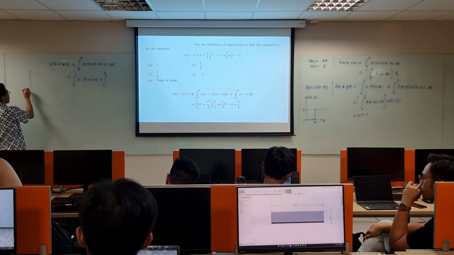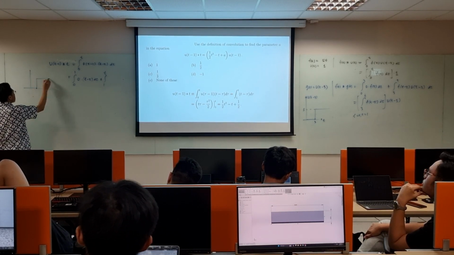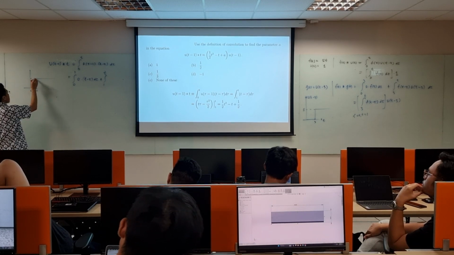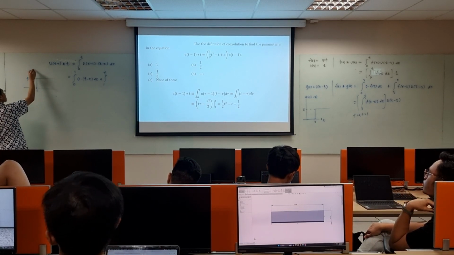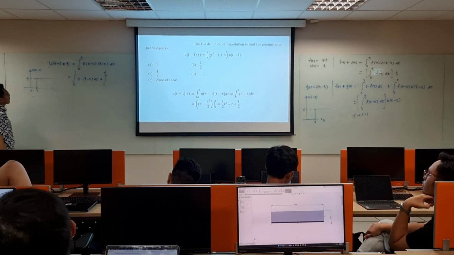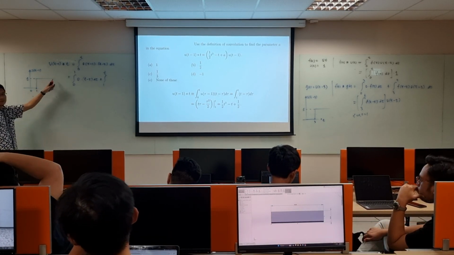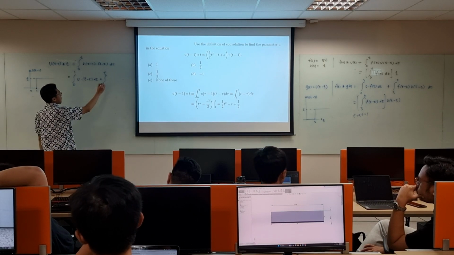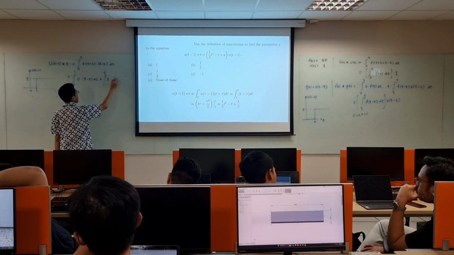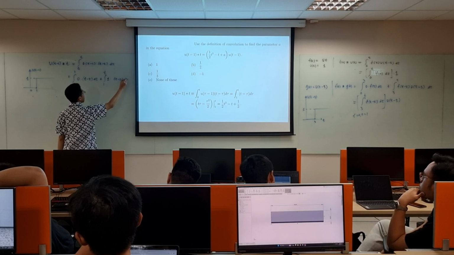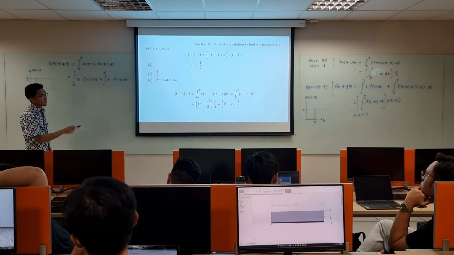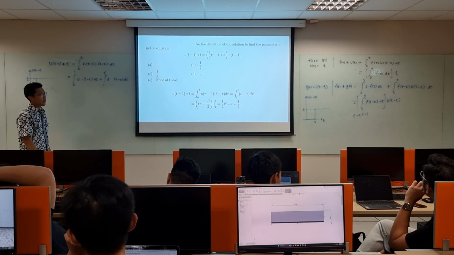So you know what is the delayed step? This is 0, this is 1, this is u(t-1). So only from 1 onwards, it has a value of 1. So you get here 1 multiplied by t minus tau. Okay, that's what we have on the right.